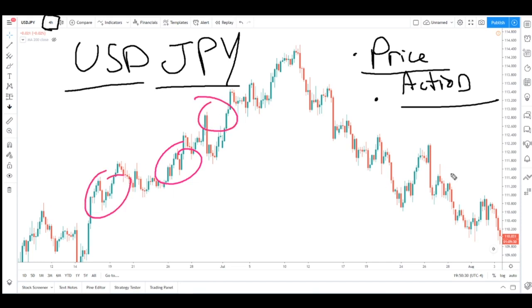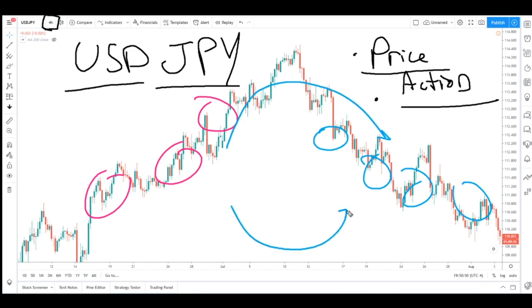And we're not going to be just buying just because the market is going down. What we're going to be doing with this concept is we are going to be looking for signs of a potential reversal and trading based off of those signs to give ourselves a higher probability of catching the reversal of a market, whether it is long or short.